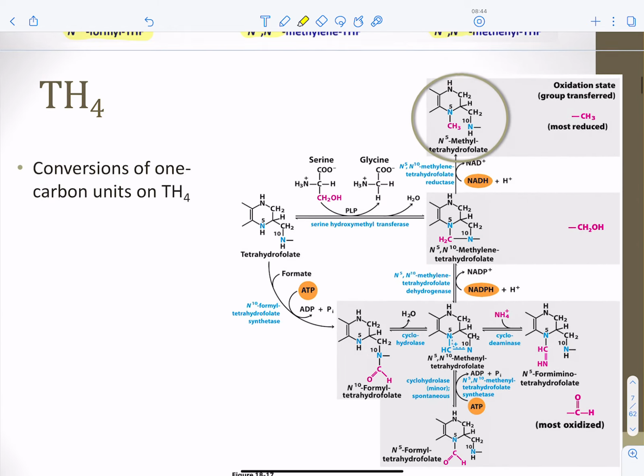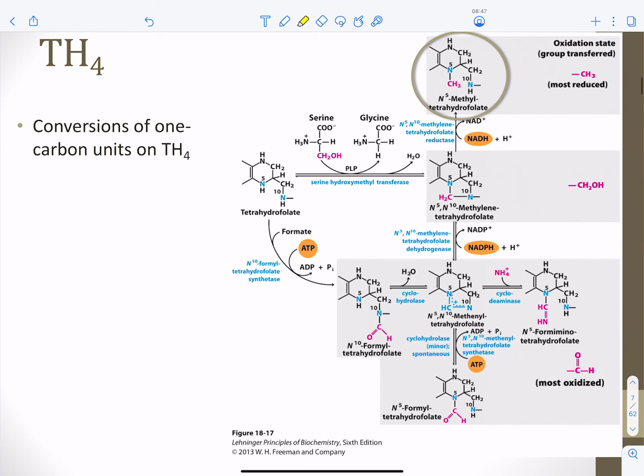All right, so here is just a picture that shows you all the different interconversions of your tetrahydrofolate species. I don't want you to get overwhelmed by this. We are going to talk about many of these in the coming slides, but just a few things to point out. You have at the one end your most reduced, and on the other end your most oxidized forms of tetrahydrofolate.